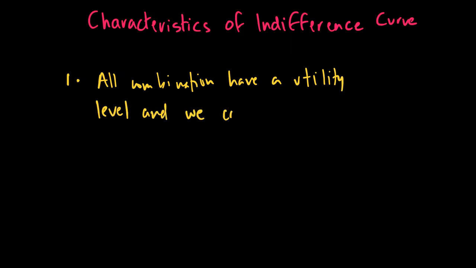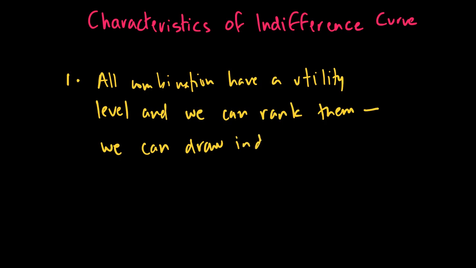The fact that we can rank different combinations means we can draw indifference curves. If I tell you that there is no way we can figure out the ranking of combinations, then this means we cannot draw indifference curves. So the fact that we can rank combinations is the reason why we can draw an indifference curve.